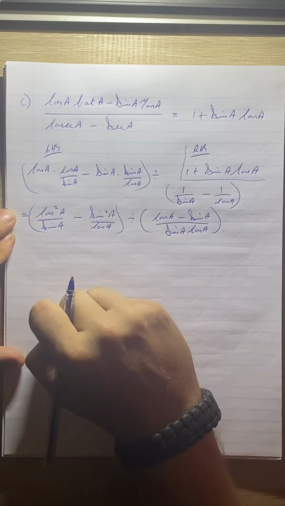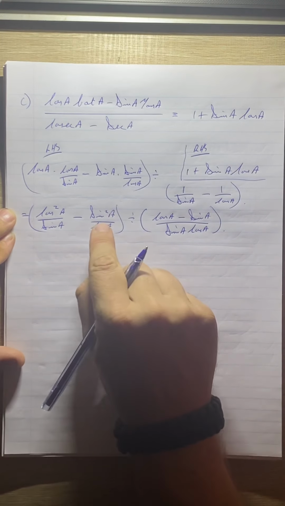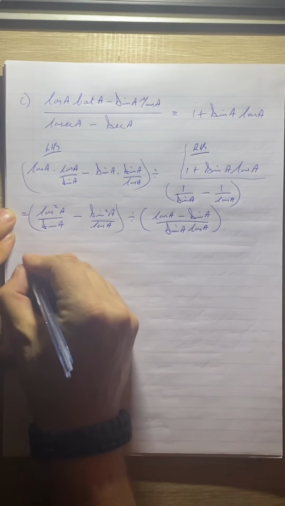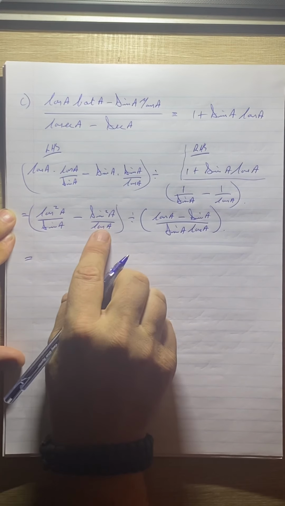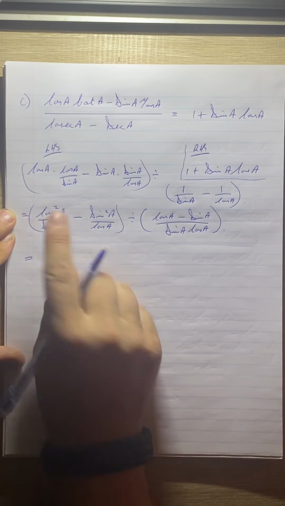All right. So let's have a look here. I'm going to find an LCD for this one, and our LCD would be sine A cos A. So I need to multiply this one by a cos.